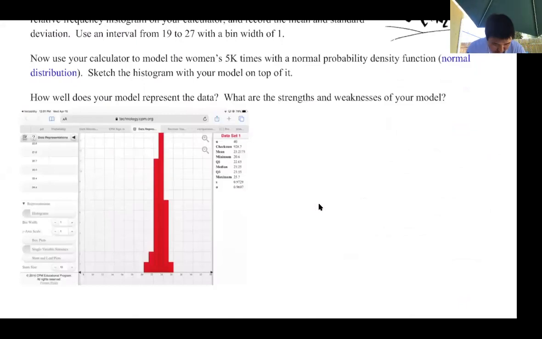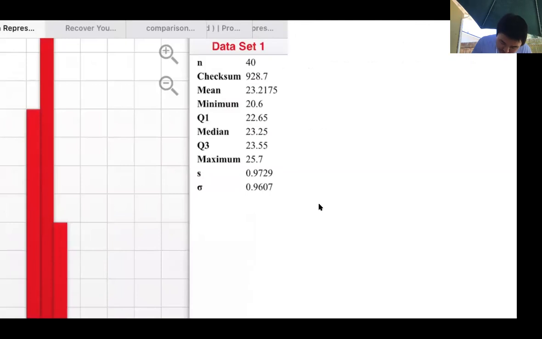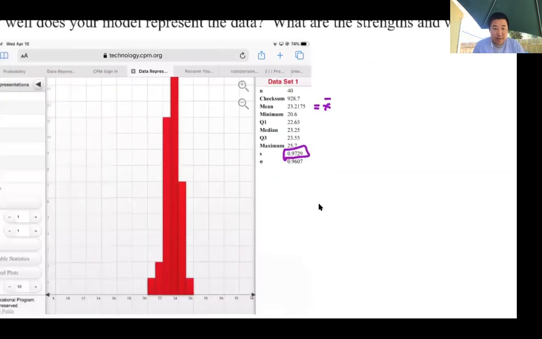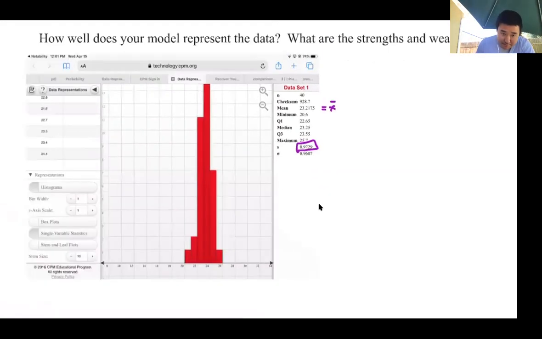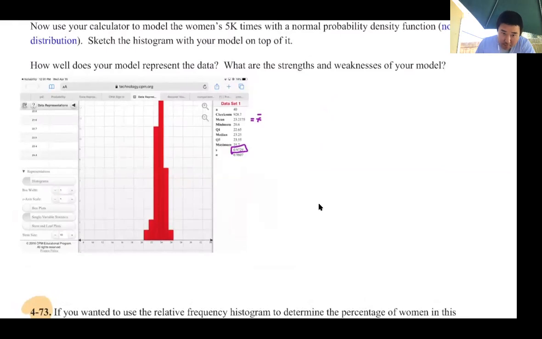Okay. So here's the average, and then the standard deviation. You want to choose.